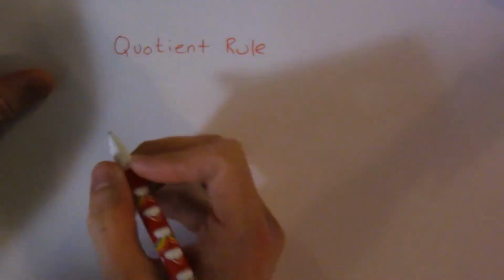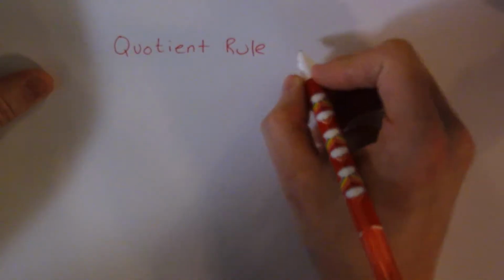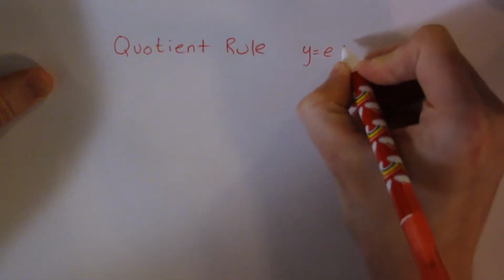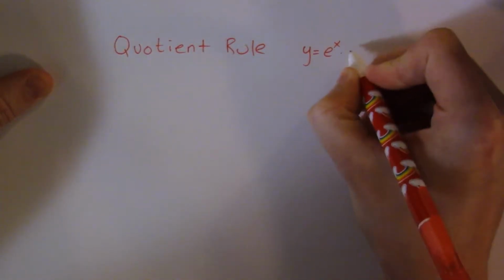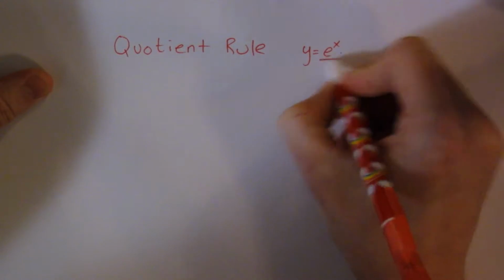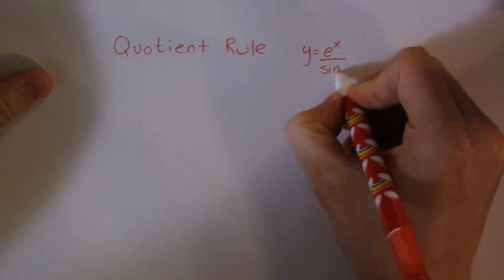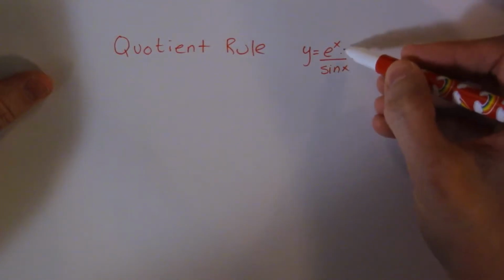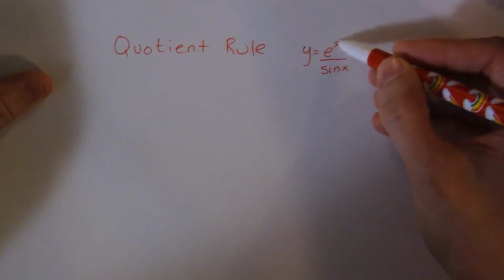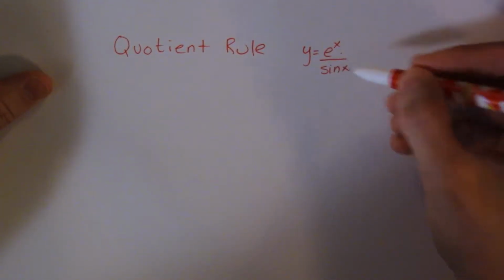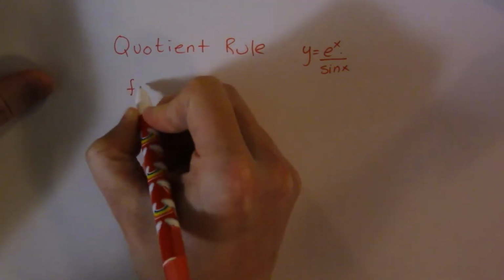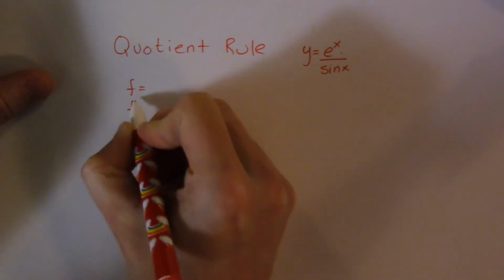When you use the quotient rule, if you had a function like y is equal to, say, e to the x divided by sine of x. So if you're dividing two different functions, an e to the x function and then a trig function, what I usually tell my students to do, when they're starting out, is write it like this.